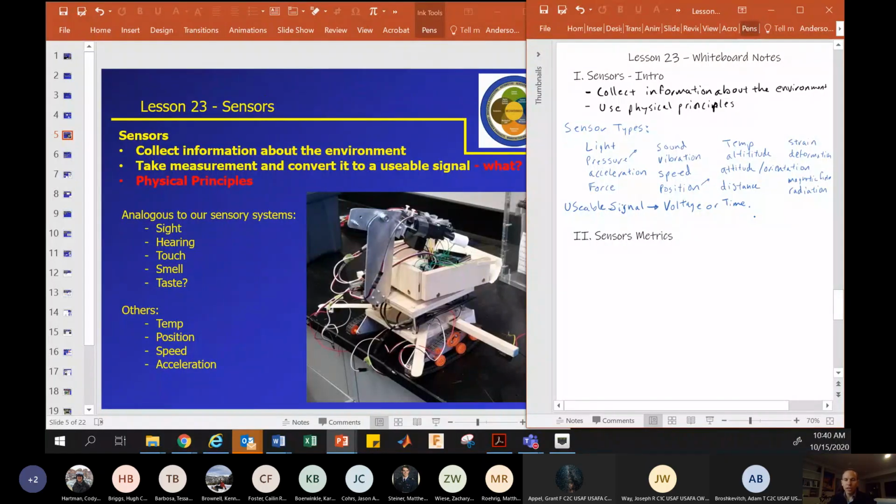So we used a capacitor circuit to ultimately measure the resistance of something, but you could just hook something up to a pin and measure when it goes from high to low, and you can count the amount of time that passes between it going from high to low. So that's how we measure time.